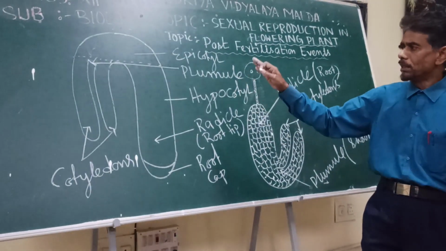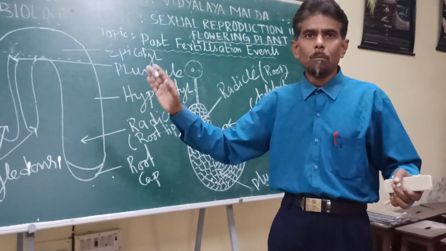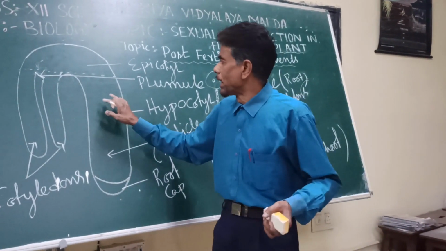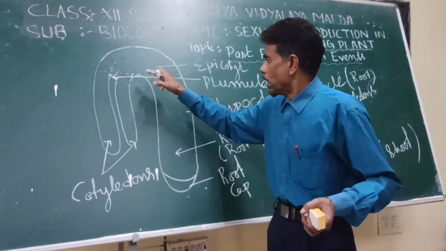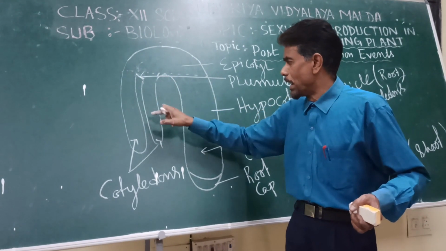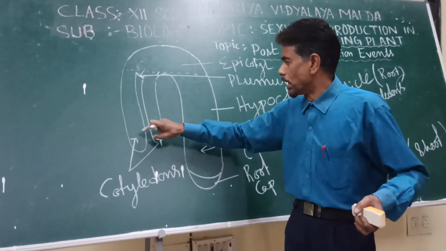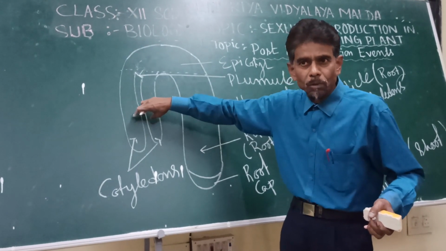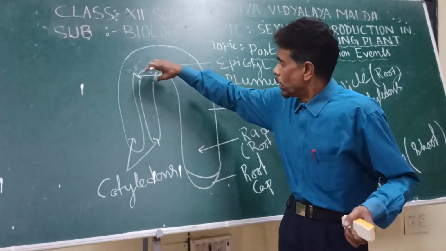So this is a very simplified diagram of a dicotyledonous embryo having an embryonal axis. This embryonal axis terminates with the two cotyledons, that means there are two cotyledons, hence it is called the embryo of a dicotyledon.